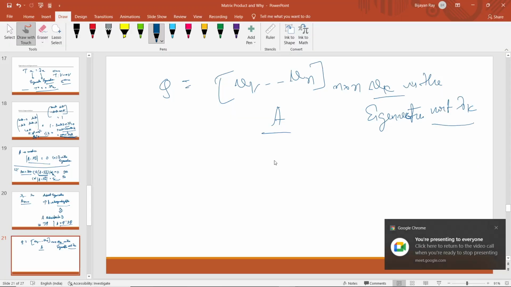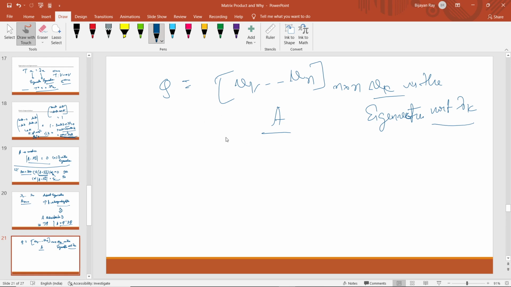Okay, so linearly independent. So basically, AQ equal to QD. This is our claim.